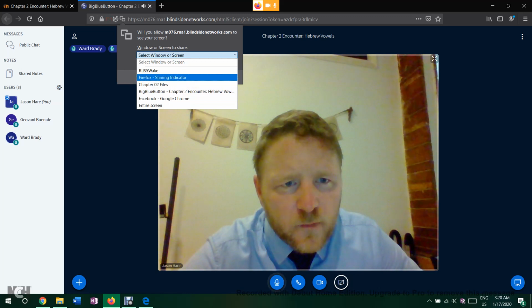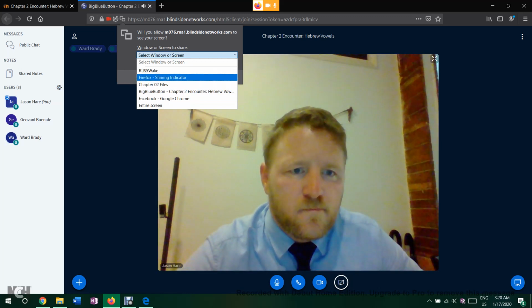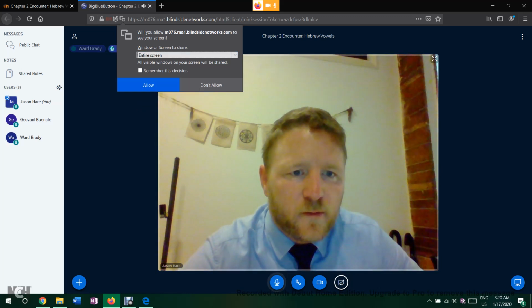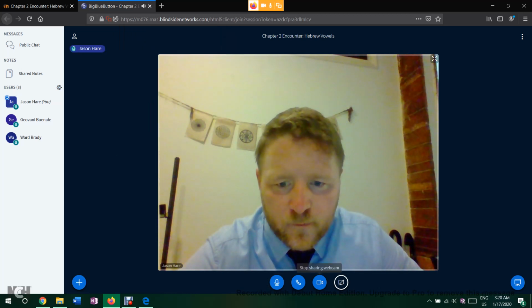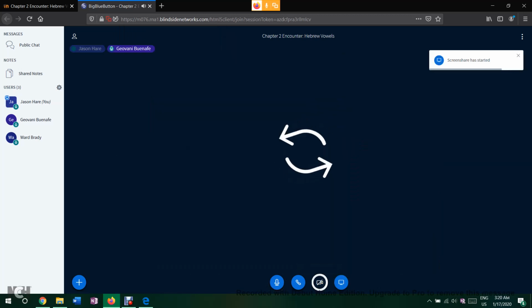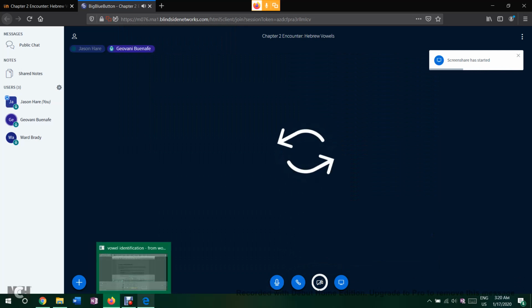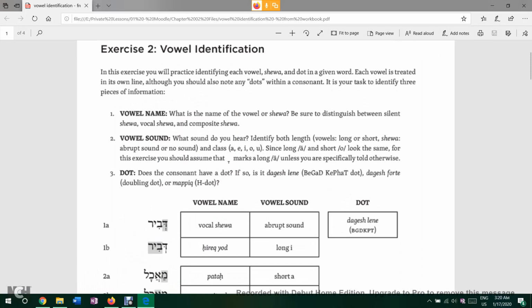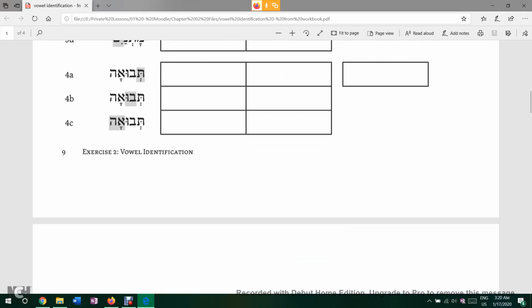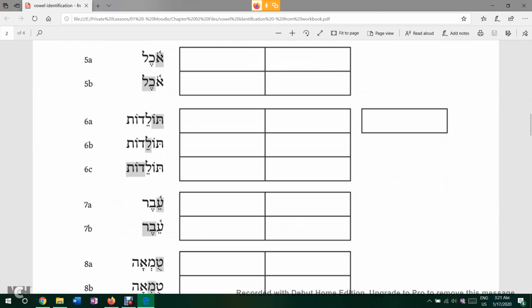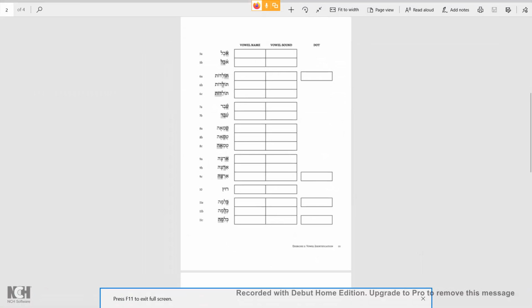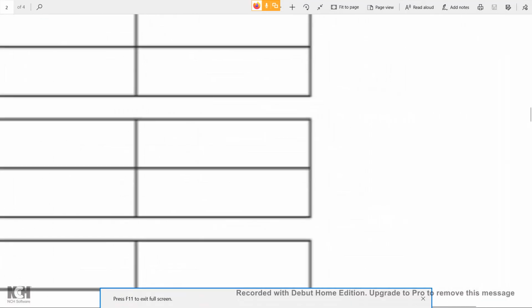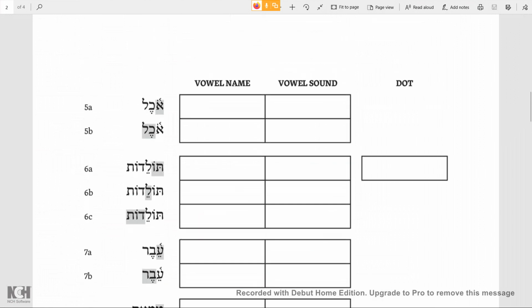Show entire screen. Don't have a choice. Okay, can you see now? No, I can see it. Yep. All right, let's make this full screen. Okay, I'm not used to using this program.